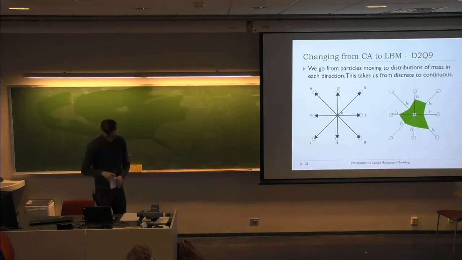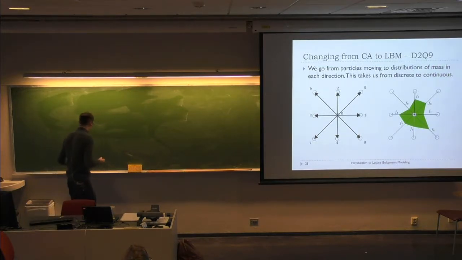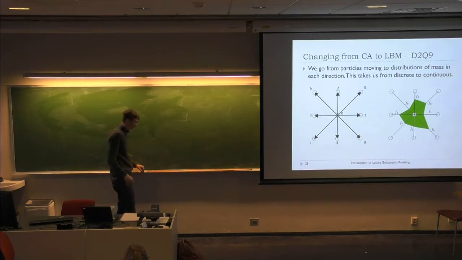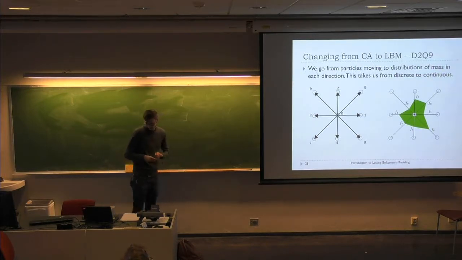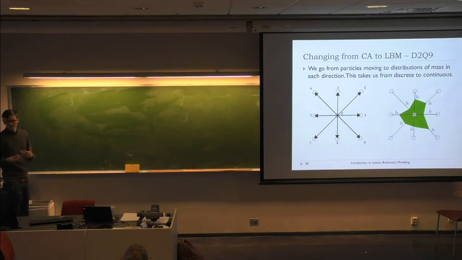So the idea is basically that we're moving from zeros and ones to distributions. Okay? So we need to have a concept of the distribution function and what it means and so on. It's going to start a little bit abstract and get better, so just don't freak out quite yet.